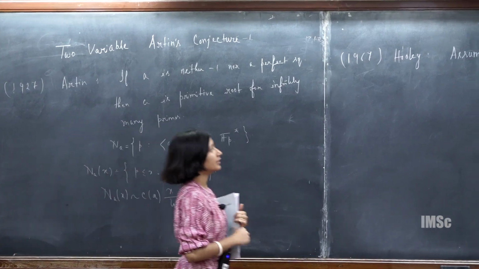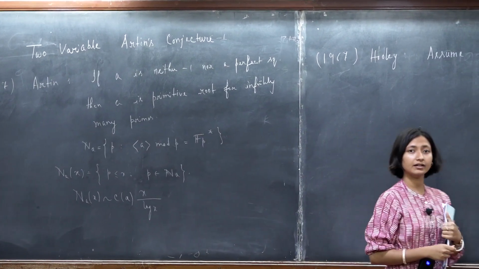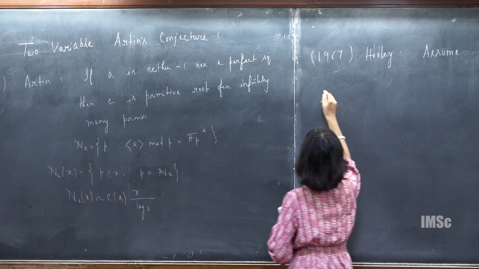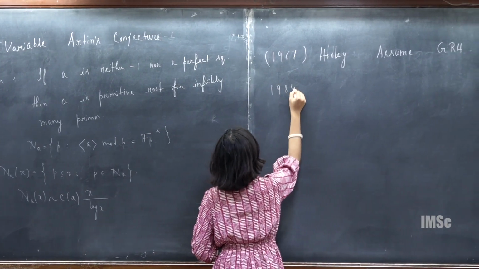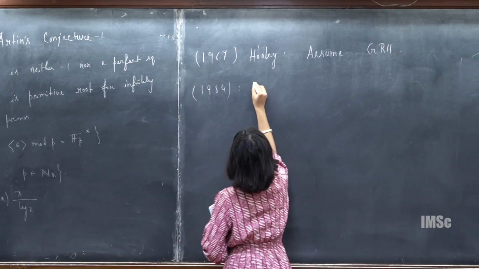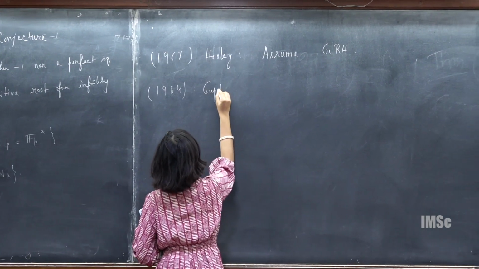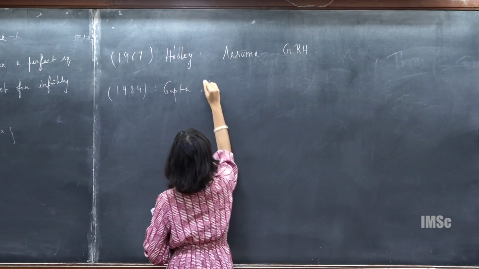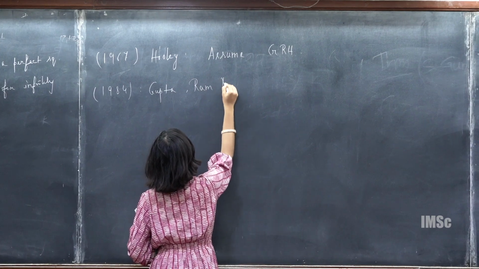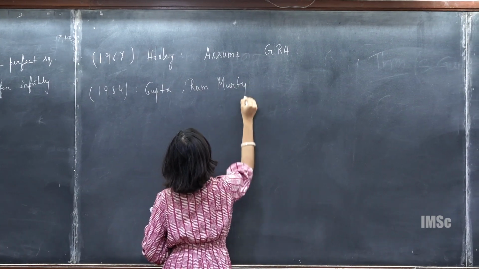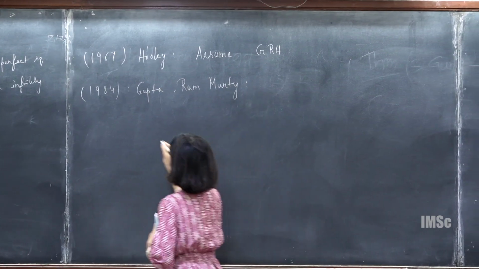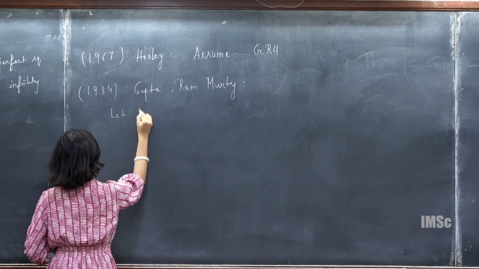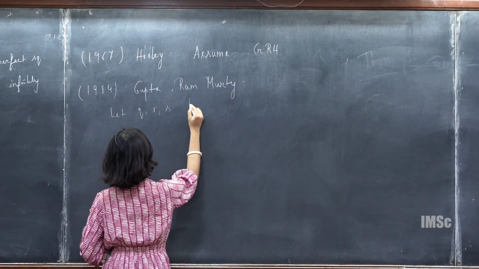In this direction, Ramurthy and Gupta proved a result in 1984. Let Q, R, S be three distinct primes.